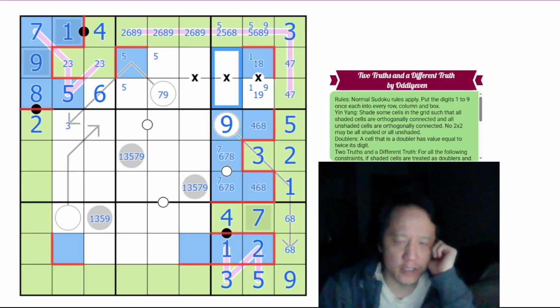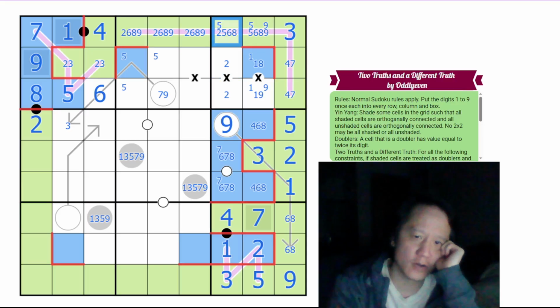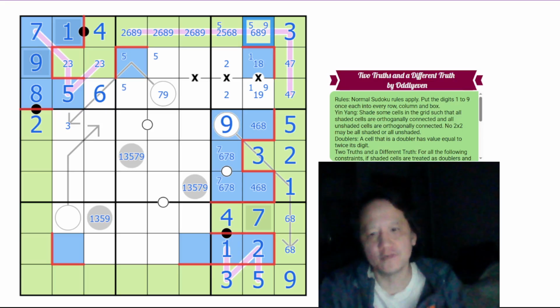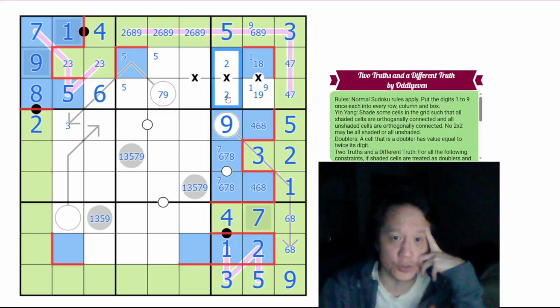Remaining digits in column 7. We have 2. 5 can never be here. Oh, this can't be 5 because of 5 in the column, so that forces this to be a 5 here. So this has to be 2.